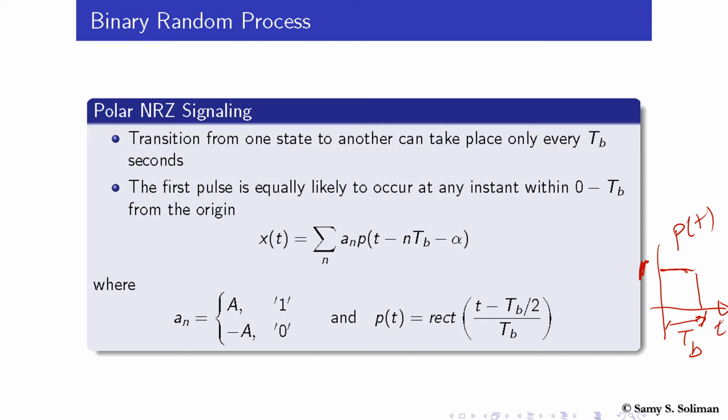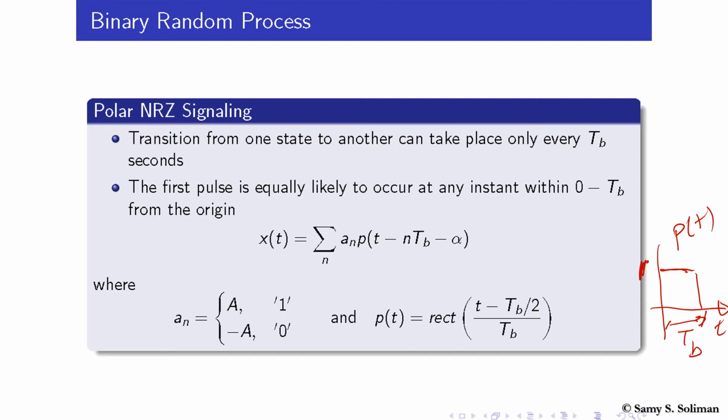And whenever we have bit 1 in our data stream, it is represented by positive p of t, or A p of t, because we said that in polar non-return to zero signaling, we represent bit 1 with A volts, where that A can be any value. And bit 0 is represented by the polar representation of this pulse, or with negative A multiplied by p of t.